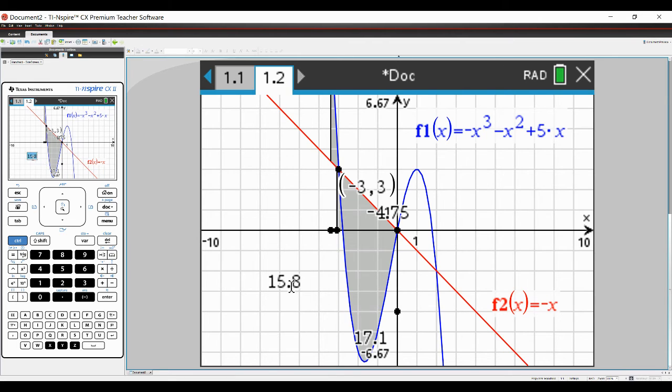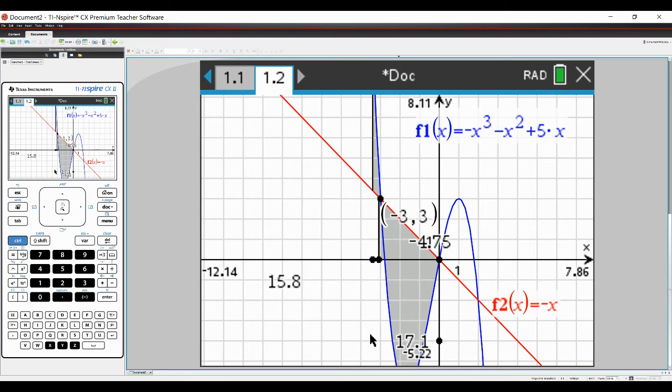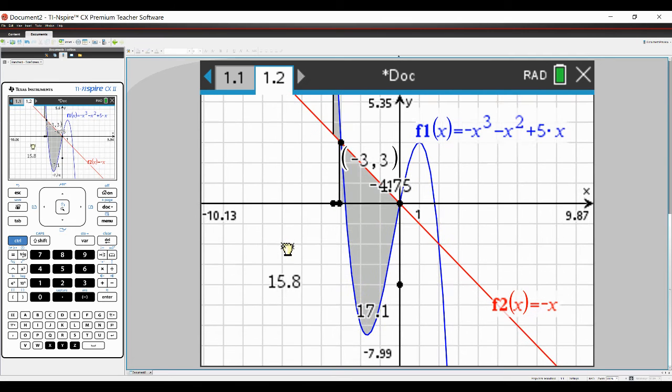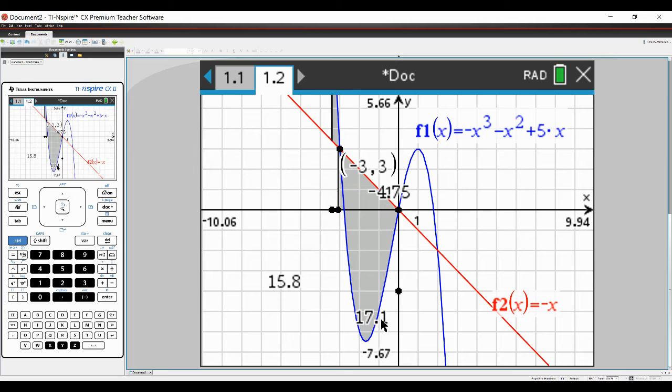Okay, so if we just click this, okay, so my intersection there is at -3. So I know that this first one goes from -3 to 0. And I'm pretty sure that's going to come out to 15.8, right? That's what it looks like.